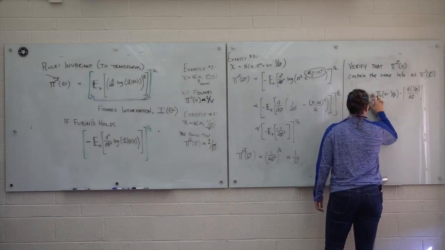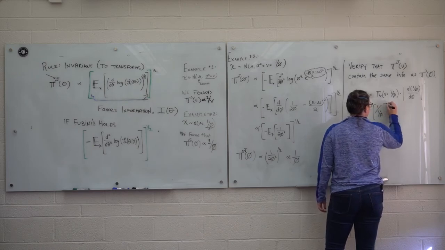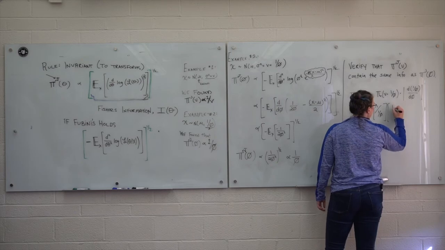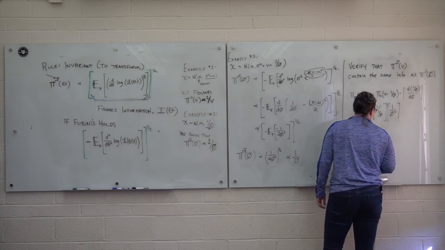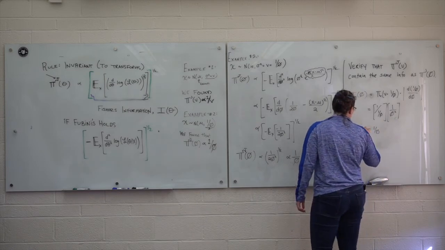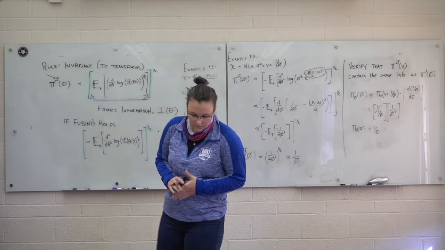Or, actually, no, that's an equal sign. So equals 1 over 1 phi. We also know that this is going to be 1 over phi squared, and thus 1 over phi. Same information. Okay?